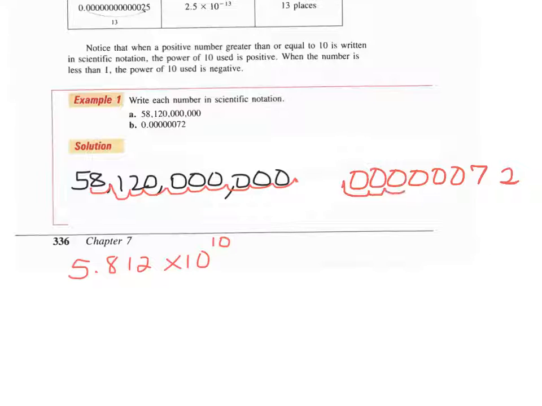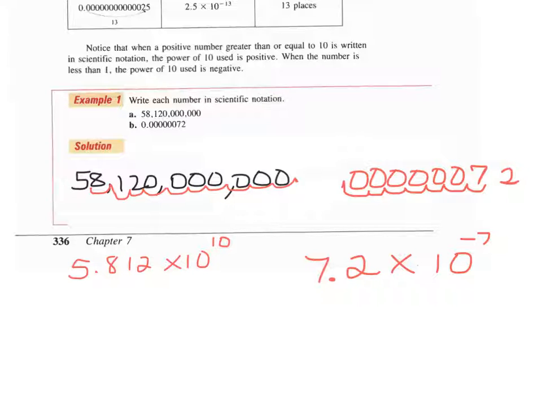So 1, 2, 3, 4, 5, 6, 7 jumps. So 7.2 times 10. And now because I moved it to the right, my exponent is negative. So this is how we go from a standard form number to something in scientific notation.